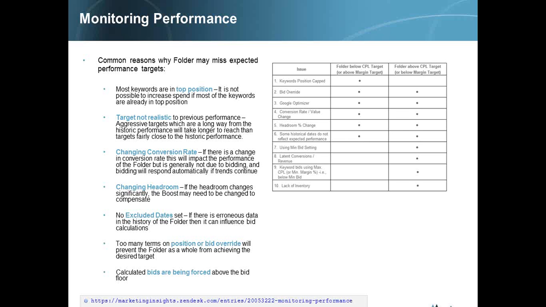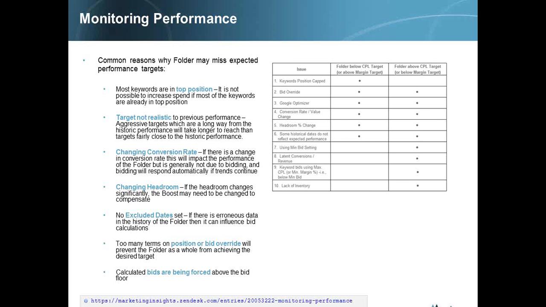Next one would be changing conversion rate. If there's a change in the conversion rate, this will impact the performance of the folder, but is generally not due to bidding, and bidding will respond automatically if trends continue. If conversion rate changes drastically, and it's not something that you expect moving forward, this would be a good candidate for using those exclude dates.